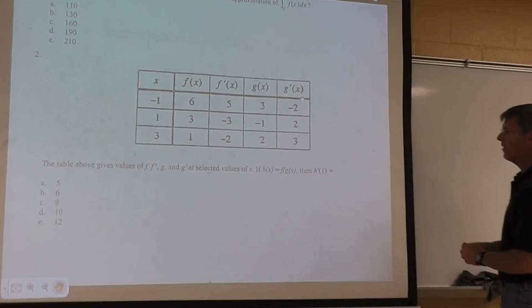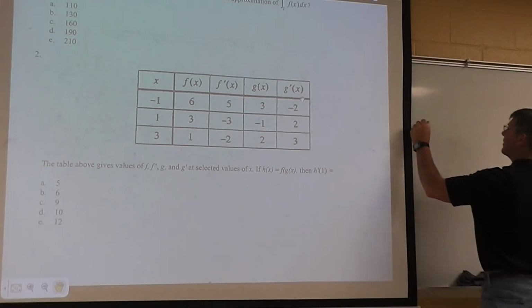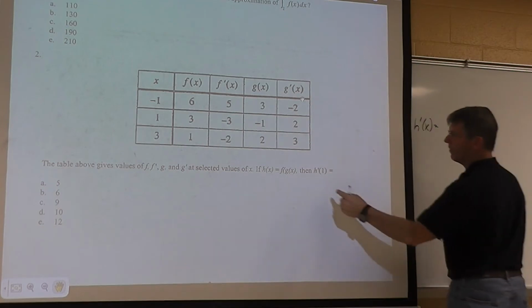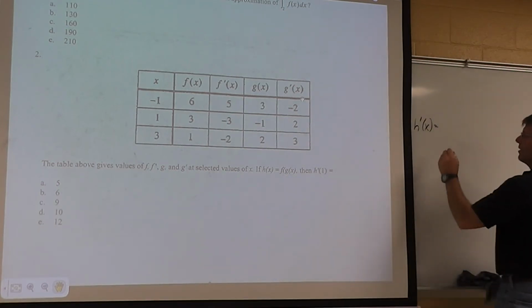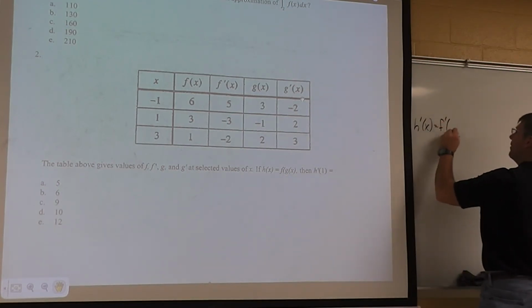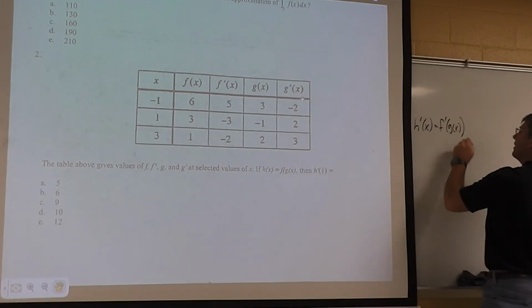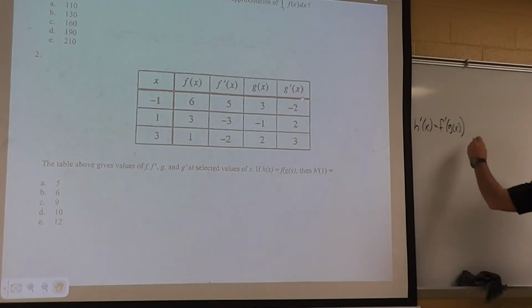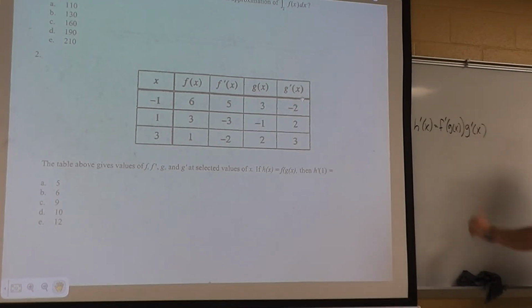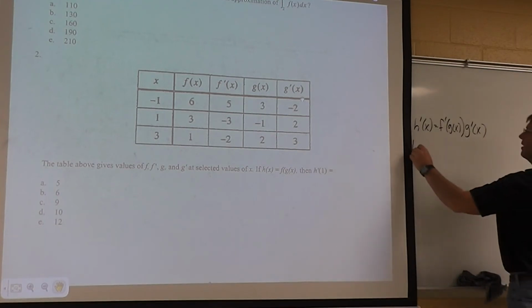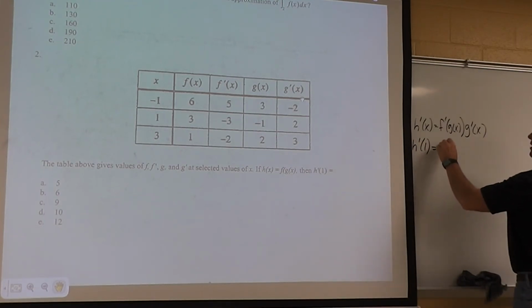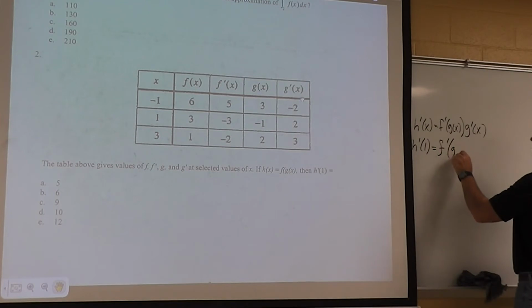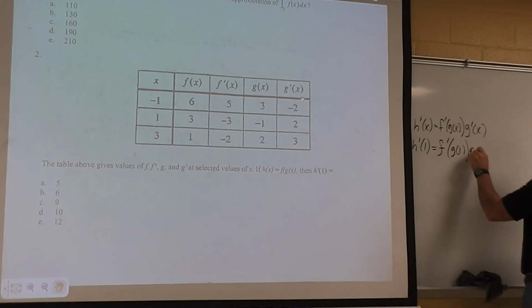Taking the derivative of h of x, we're going to get the derivative of the whole thing. So f prime of g of x times the derivative of what's inside, g prime of x. Substituting now, h prime of 1 is going to be f prime of g of 1 times g prime of 1.